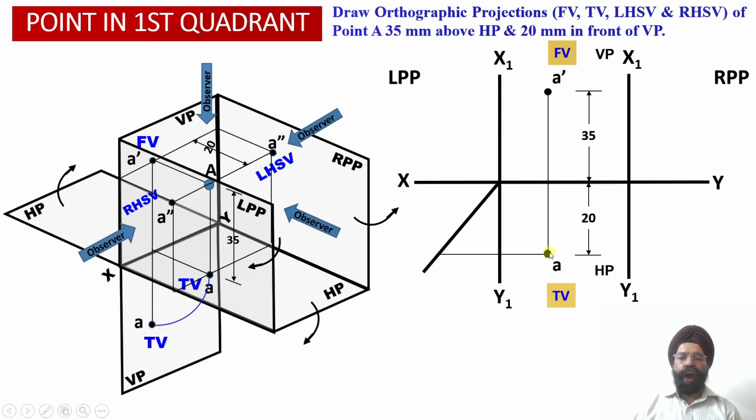Once we draw a horizontal projector line through the plan projection view onto the transfer line, through this point we take a vertical projector line in the upward direction into the left hand side view profile plane, and we will obtain this point A double dash, the right hand side view projection of point A at a distance of 35 millimeter above the horizontal plane and 20 millimeter in front of the vertical plane.